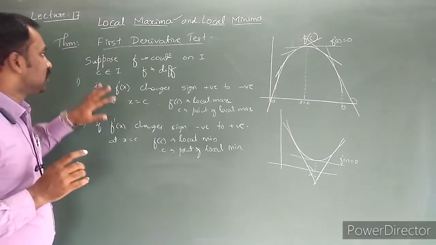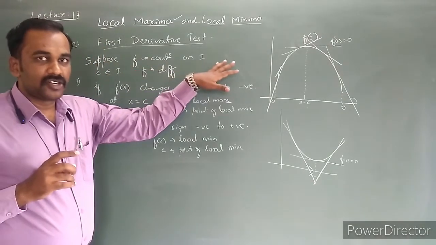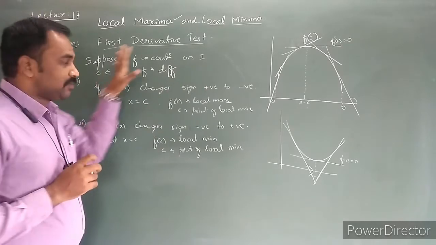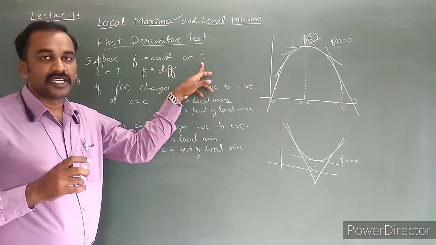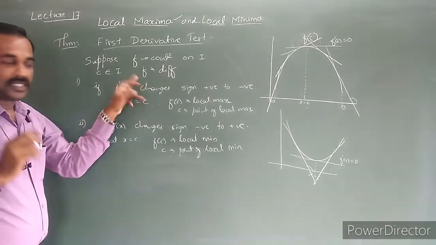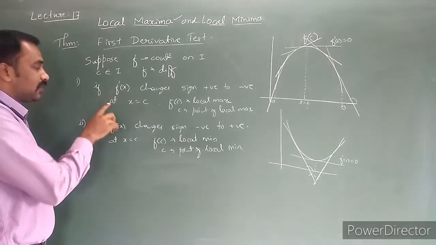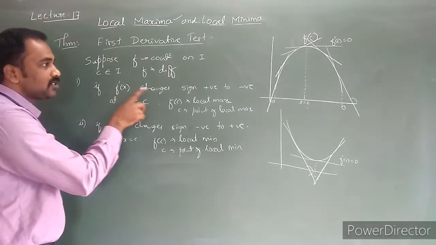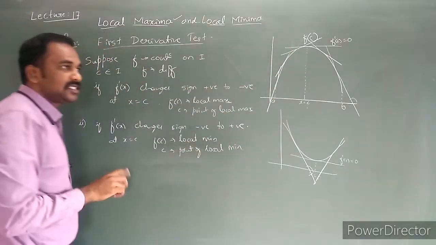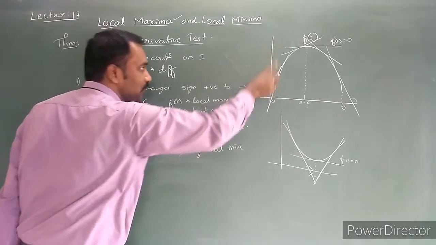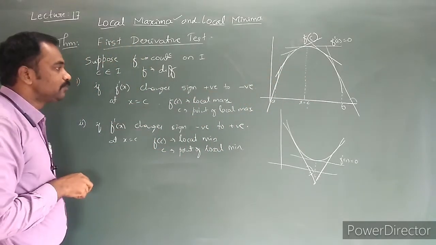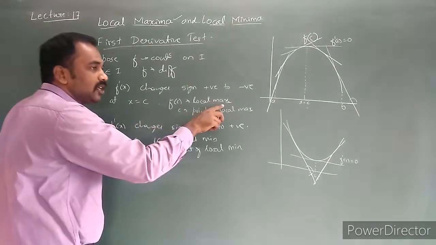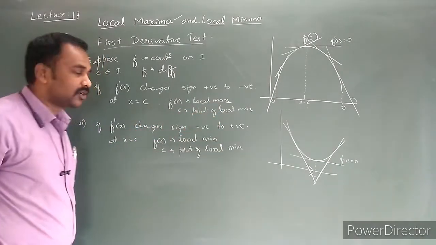Once again, check. Suppose f is a continuous function on I and differentiable on that interval I, and C is a point belonging to the interval. If f dash of x, the slope of the tangent, changes the sign from positive to negative, then it has a local maximum value: f of C is the local maximum value, and C is the point of local maximum.